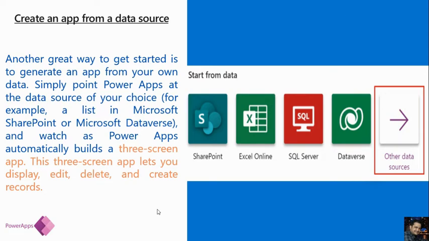Once you connect your data source to Power Apps, the inbuilt capability of Power Apps builds a three-screen app for you. Those three screens are used for browsing, editing, and deleting the records.